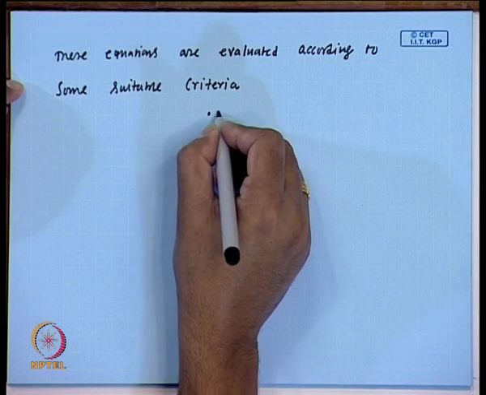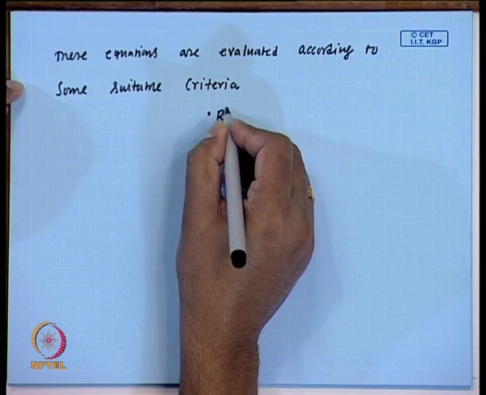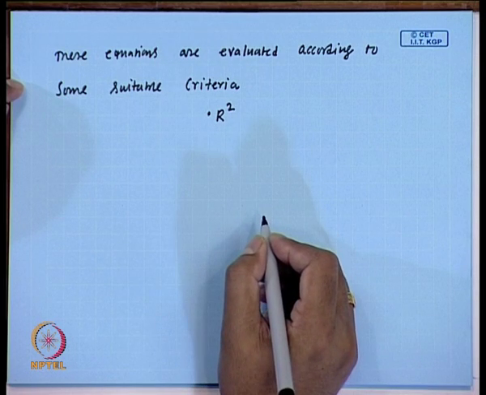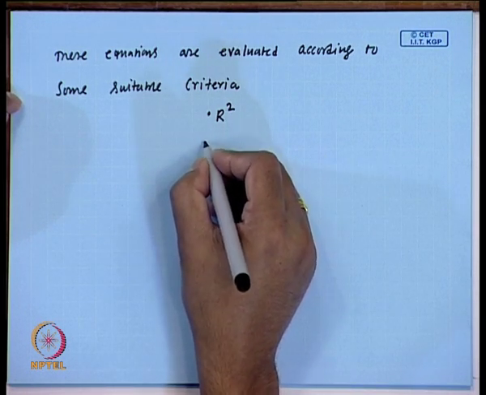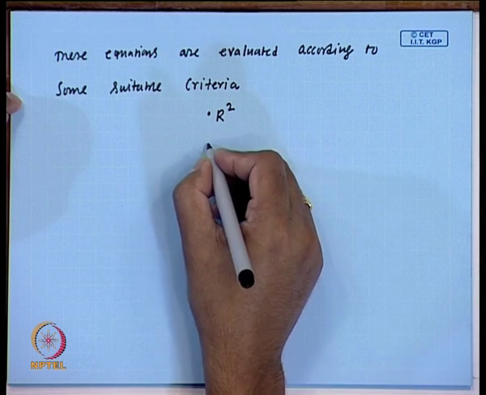The first one is R square, the coefficient of multiple determination or coefficient of determination.